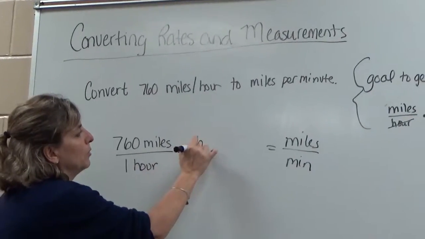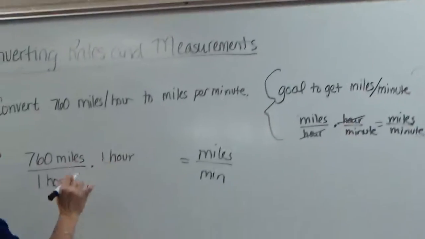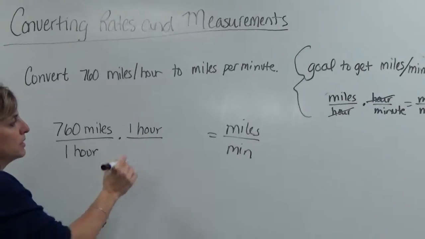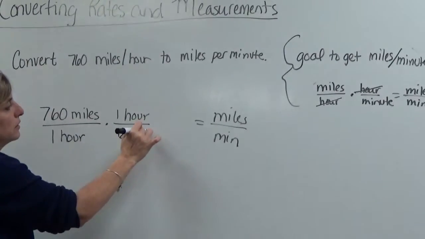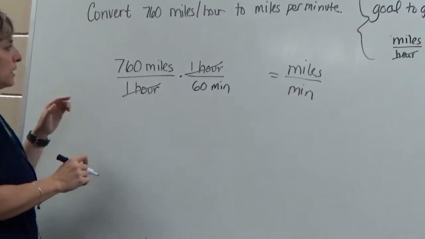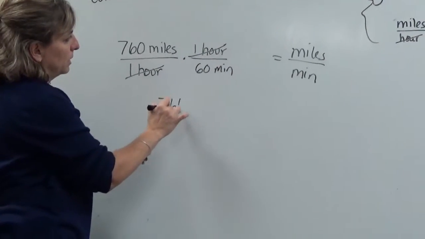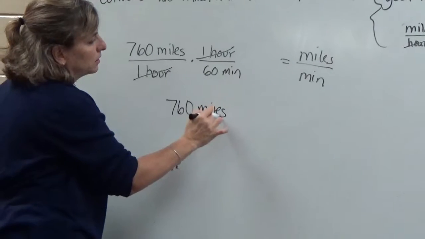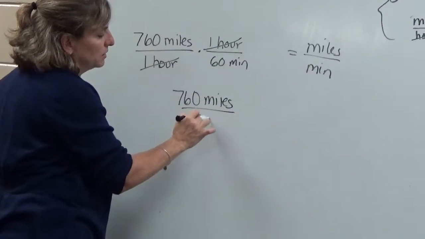So I'm going to put hour up here. 1 hour equals 60 minutes. So now my hours are going to cancel, and my problem becomes 760 miles per 60 minutes.